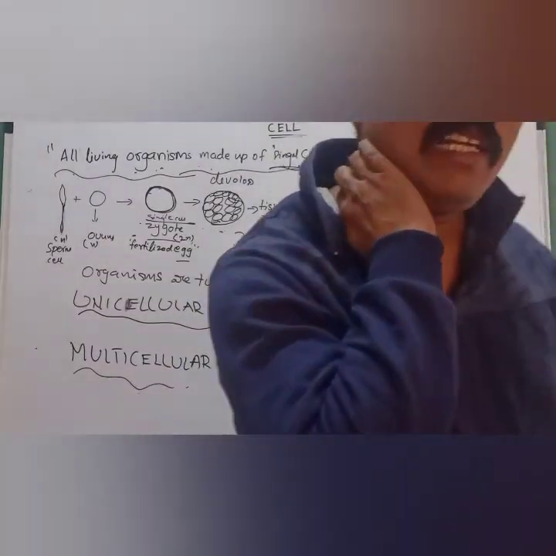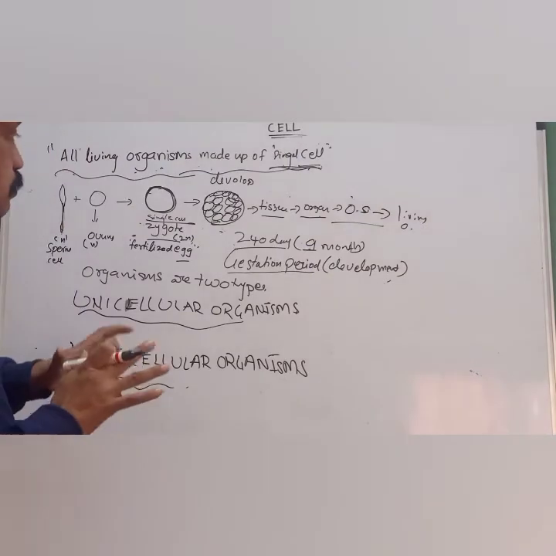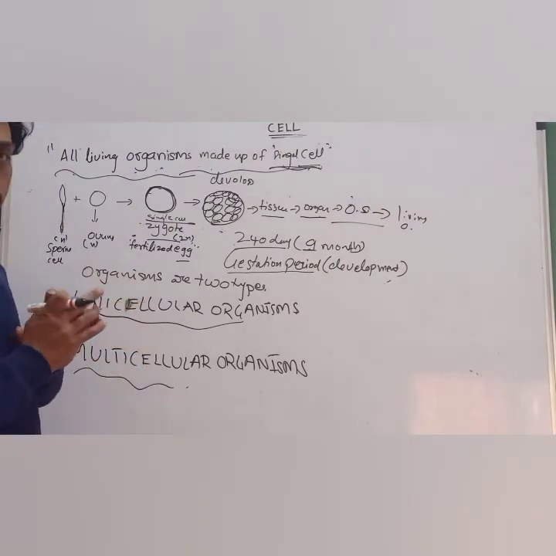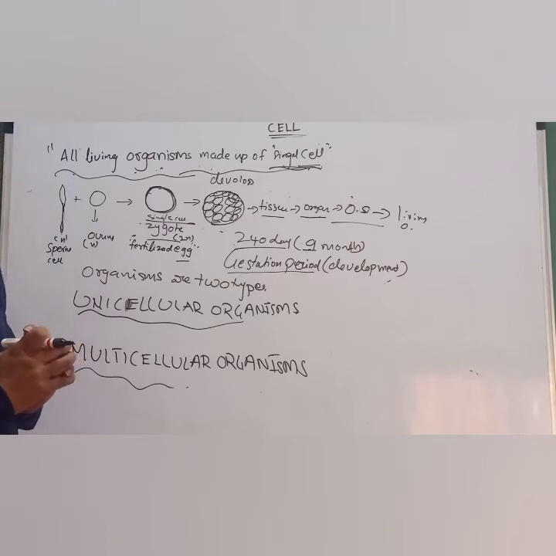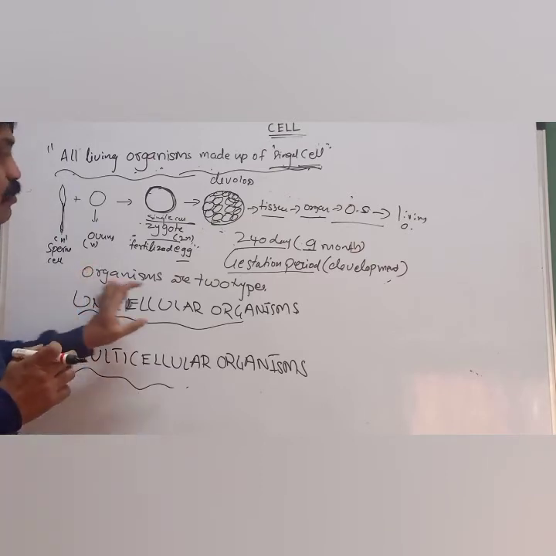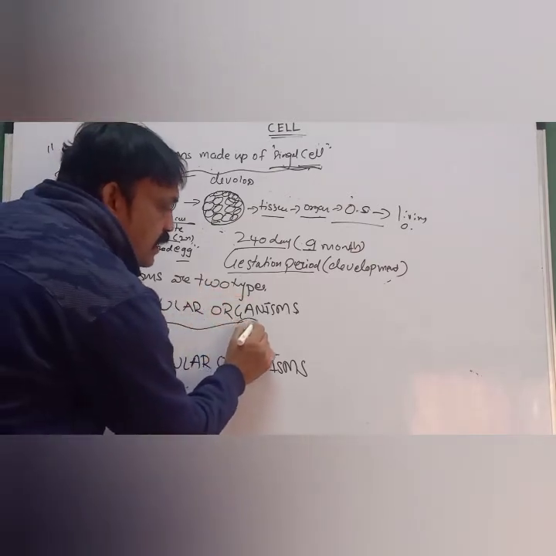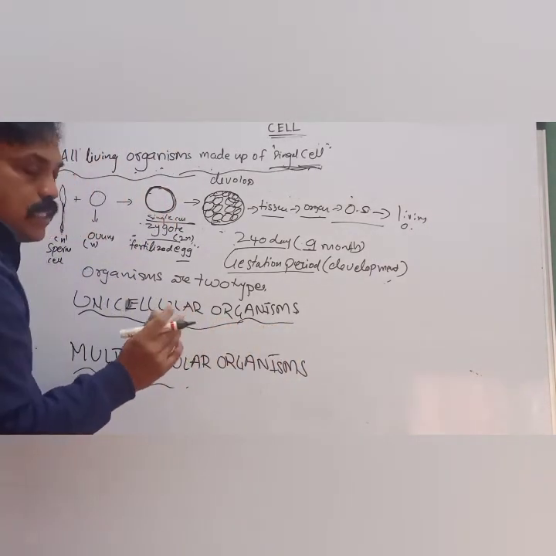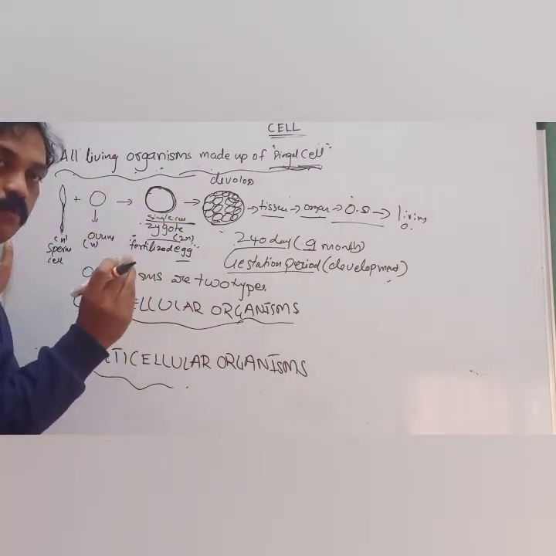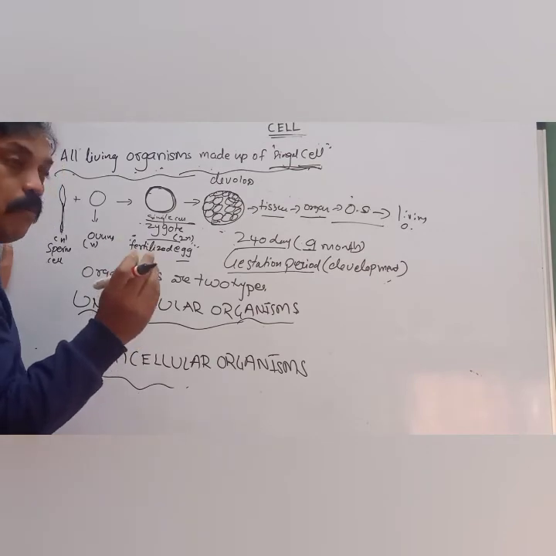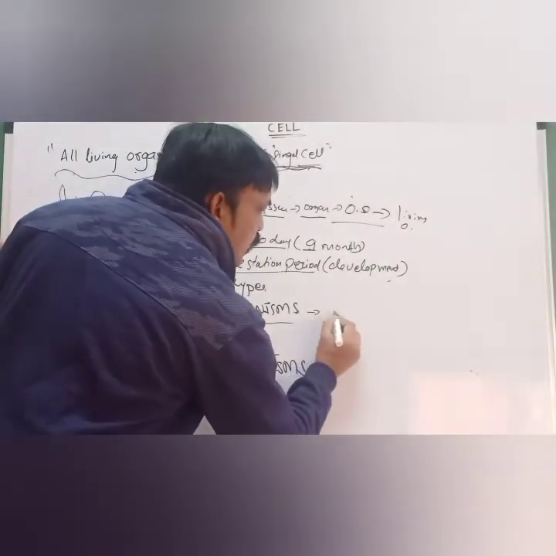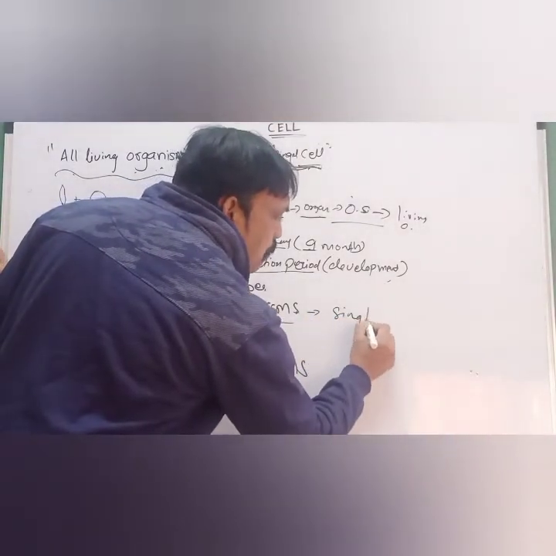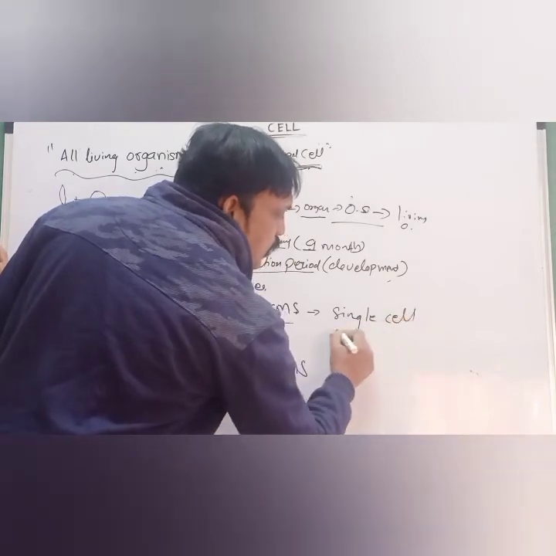Uni means single. Some organisms, meaning living things, some lower-level living things, have a body made up of a single cell. The total body is made up of a single cell.